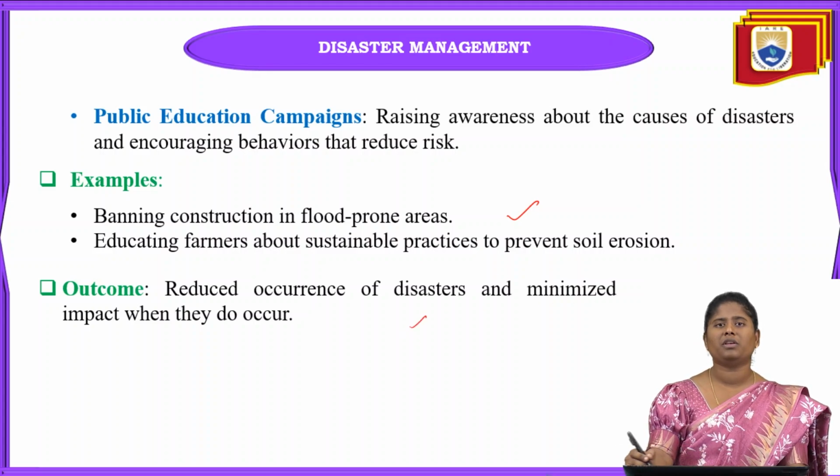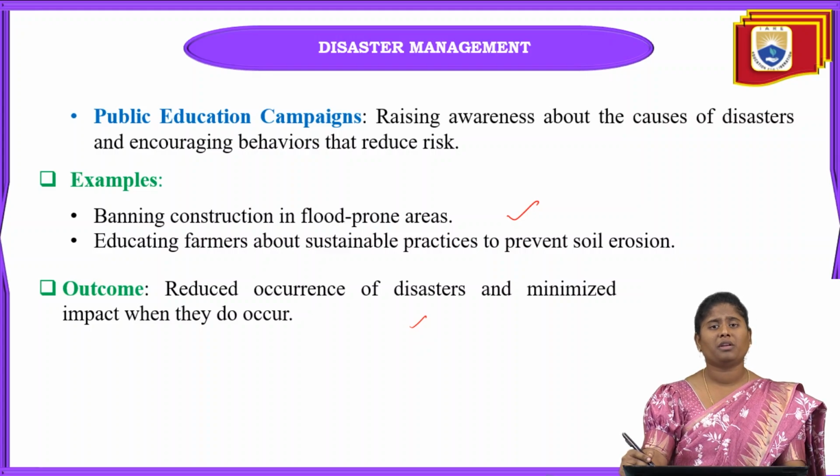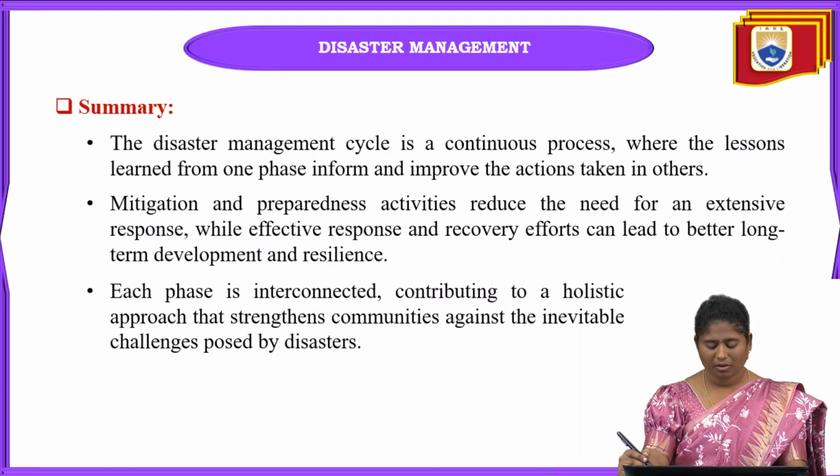The main outcome from this is that we can reduce the occurrence of disasters, and we can easily minimize the impact when a disaster occurs. Okay, and this is the overall summary. Disaster management is a continuous process. When we face one disaster, we can't repeat the same mistakes again and again.